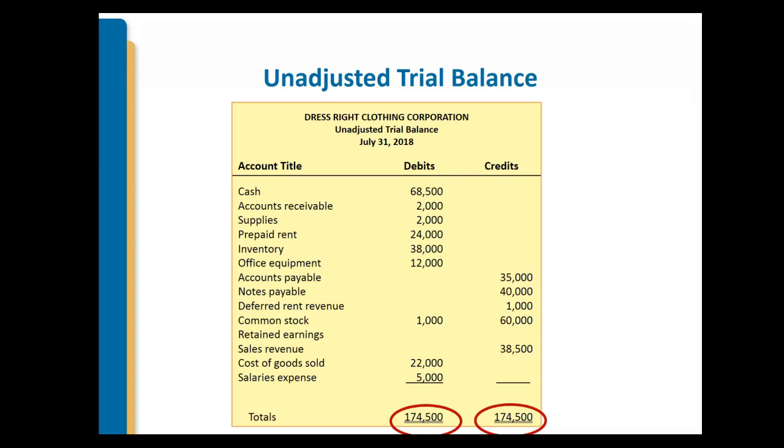Note also that the sum of all the debit balances is equal to the sum of all the credit balances. So you see the sales revenue, the cost of goods sold, and salaries expense. Those are the temporary accounts that we will zero out and transfer over into retained earnings.